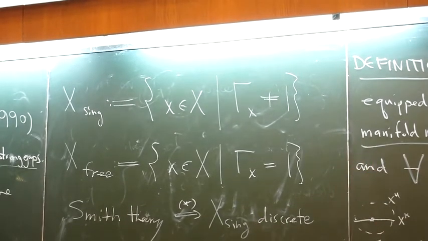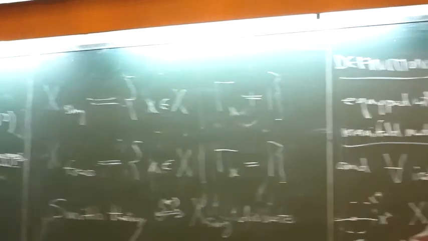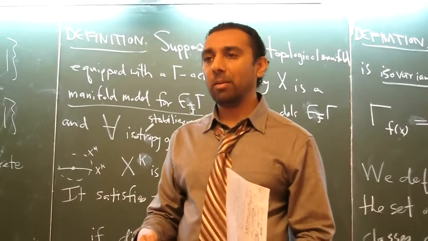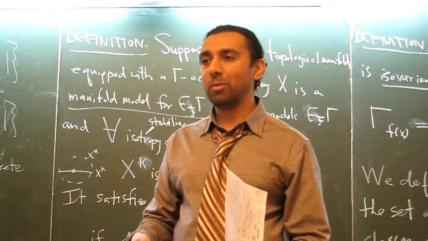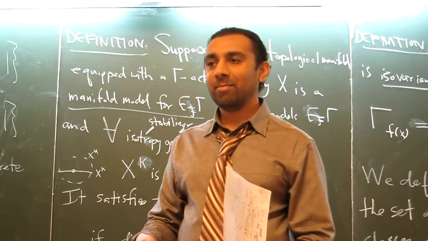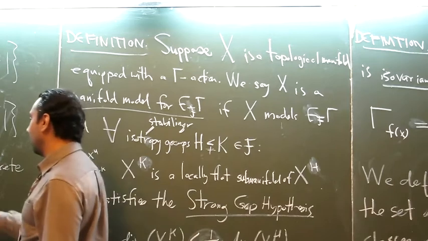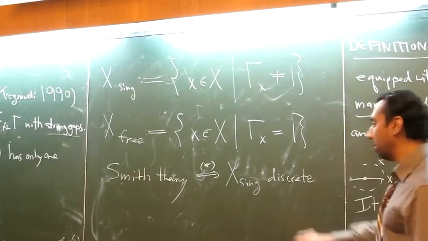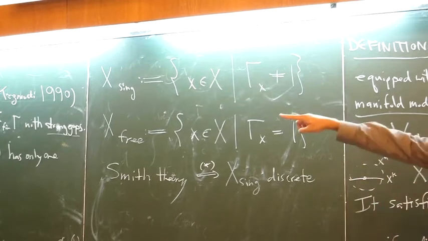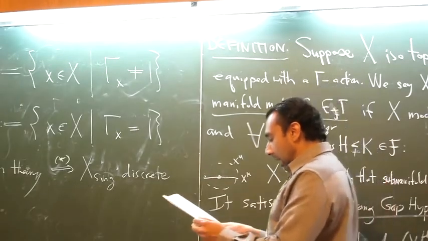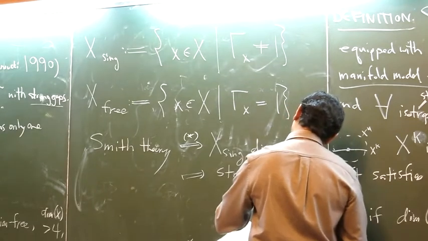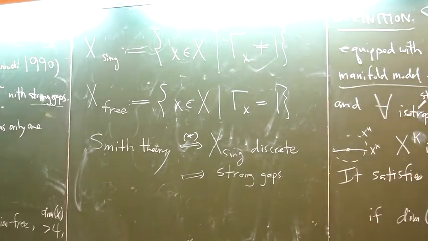We tried to avoid using a heavy hammer, but we had to use the Feit-Thompson theorem about finite groups. It's a famous theorem that any finite group of odd order is solvable. We had to use it from algebra and also from topology, from Smith theory, to show this topological result. So we get a discrete singular set, and this, to answer your question, implies strong gap, because you have dimension 0 for the singular set.